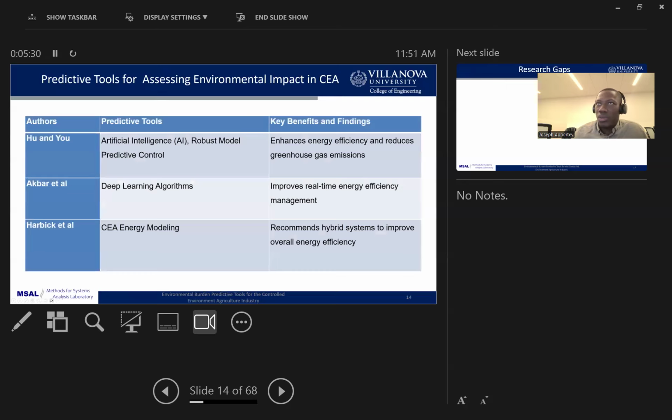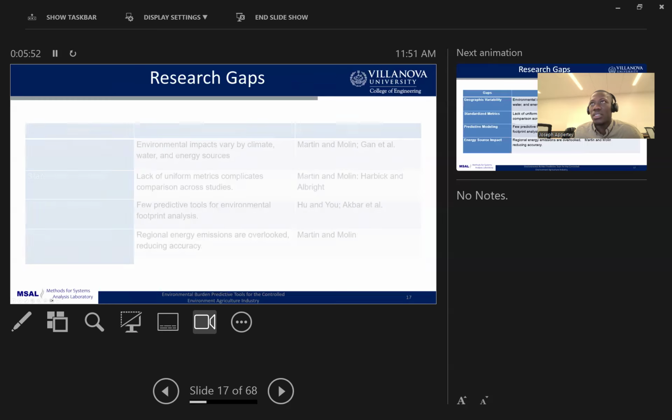Some predictive tools. So we have the artificial intelligence robust model, which enhances the energy efficiency and reduces the greenhouse gas emissions. We have the deep learning algorithms to improve the real-time energy efficiency, and then the CEA energy modeling, which also recommends that hybrid systems are very helpful in improving the overall energy efficiency of the CEA facilities.